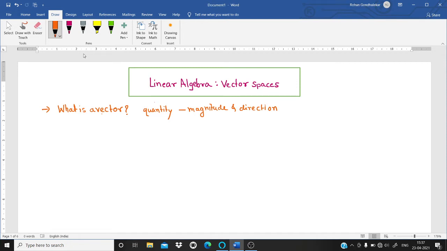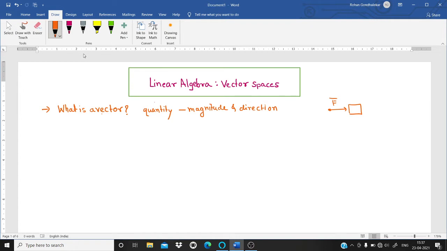Okay, so we can say the force applied on some body is a vector quantity. It has a direction as well as magnitude.